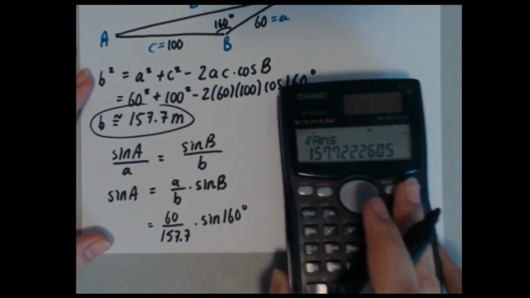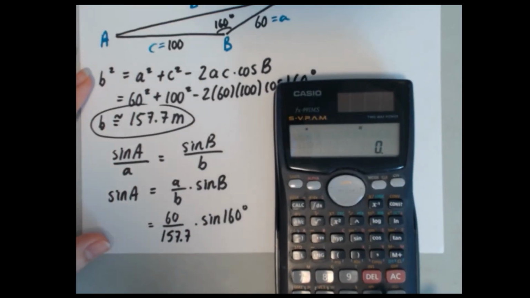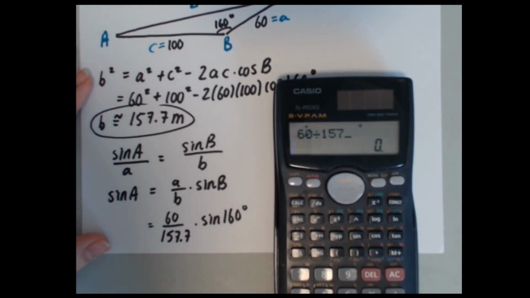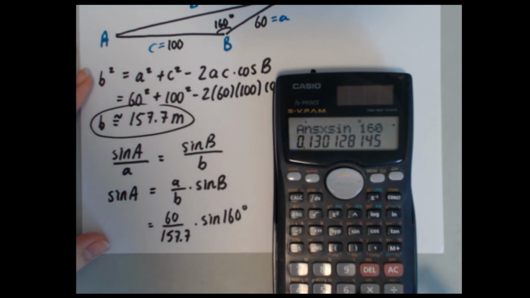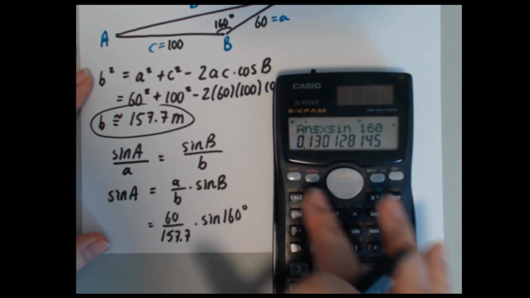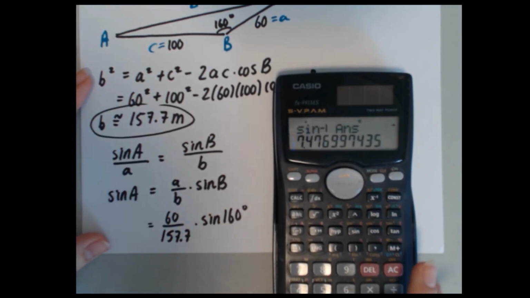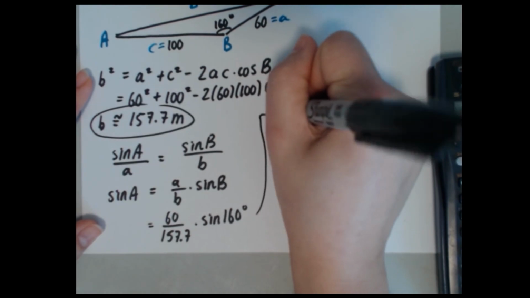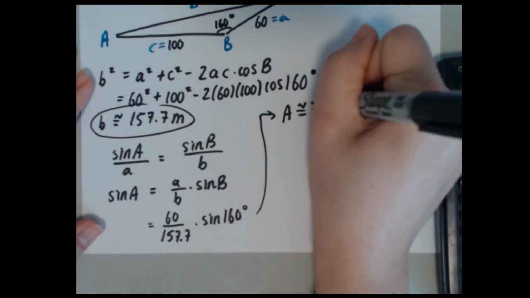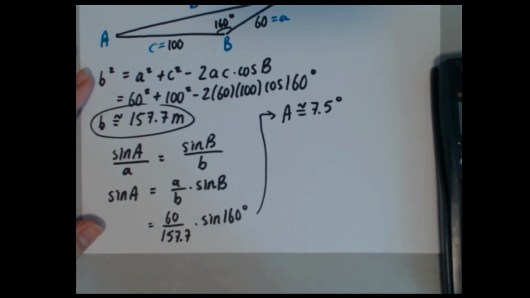Remember, that's sine B. So 60 divided by 157.7 times sine of 160. Of course that's going to be some small number. Take the inverse sine of that, and we have about 7.5 degrees.